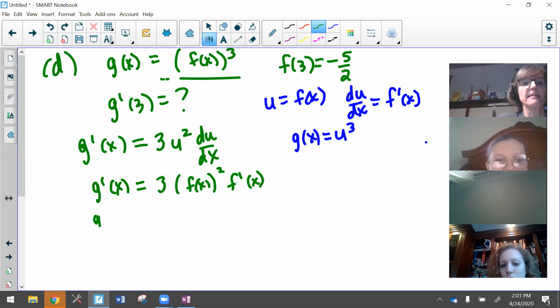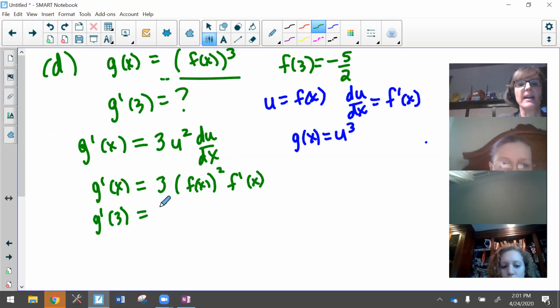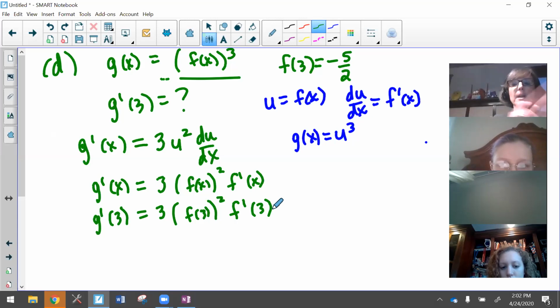And then I want to find the whole thing for x equals 3. So that's 3 times f of 3, that whole thing squared, times f prime of 3.